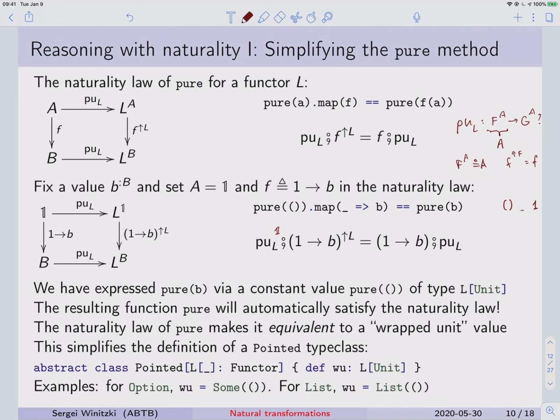So to write this in code, pure of b is always equal to pure of 1, to which we apply the mapping of 1 to b lifted to the functor L.